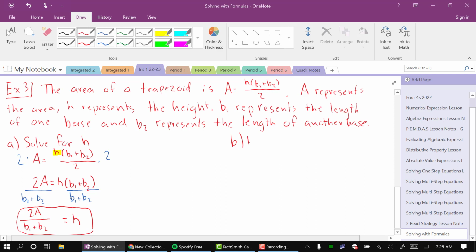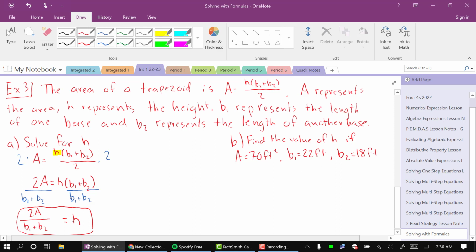B wants us to find the value of H if the area equals 70 feet squared, base 1 equals 22 feet, and base 2 equals 18 feet.